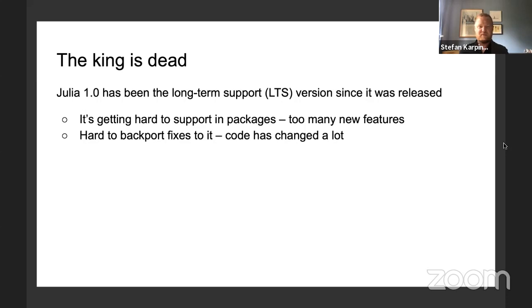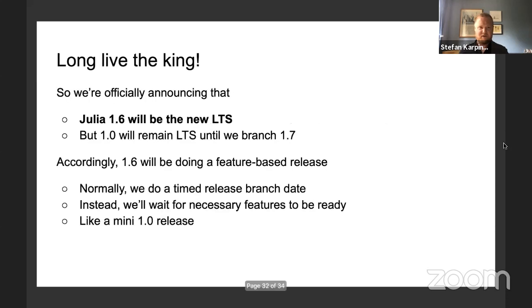We have fixes for known bugs, but we fix things on master, and the difference between master and the 1.0 branch has gotten pretty huge at this point. So it's really hard to backport fixes. So it really seems like it's time for a new LTS. And so we're officially announcing that Julia 1.6 will be the new long-term support version of Julia.